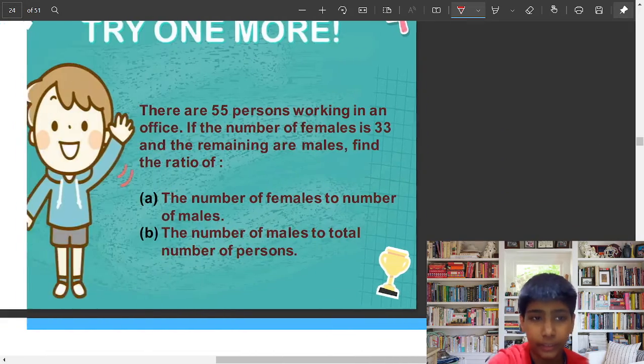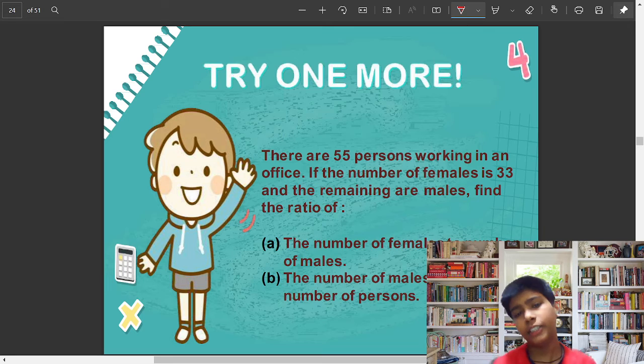Now let's understand. This is a question from my side, and I'll be explaining this. There are 55 people working in an office. If 33 of these are female and the remaining are male, find the ratio of the number of females to the number of males.